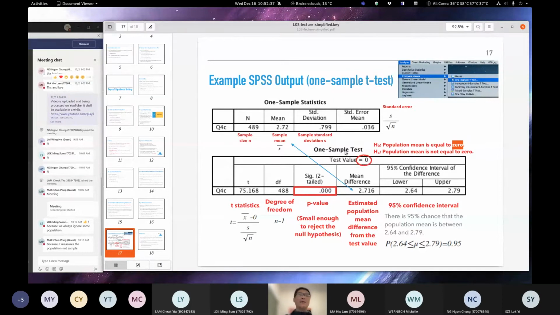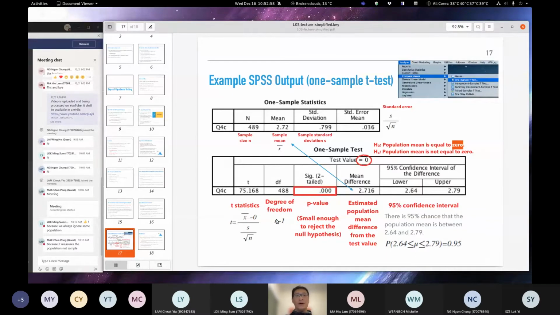Okay, and then down here we have a few other numbers. We have the t value here. For a t-test, it will give you a t value. And then you have a df. df stands for degrees of freedom. And for the case of a t-test, it is just the sample size minus 1.